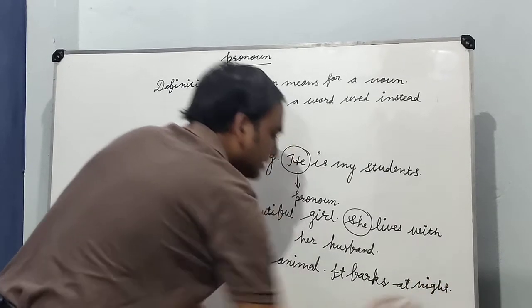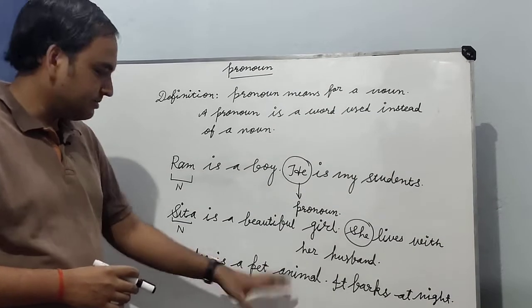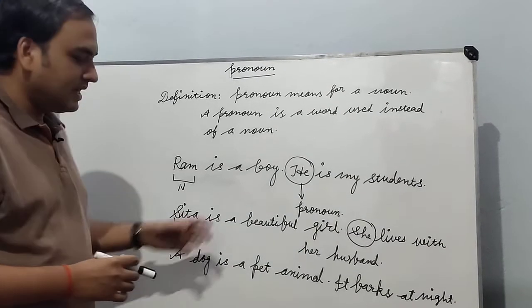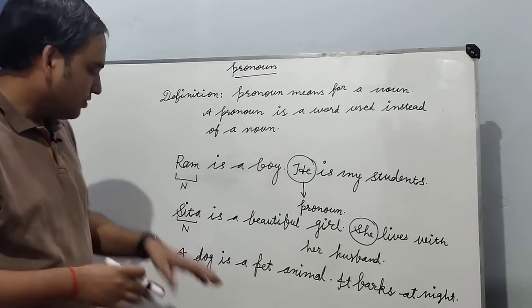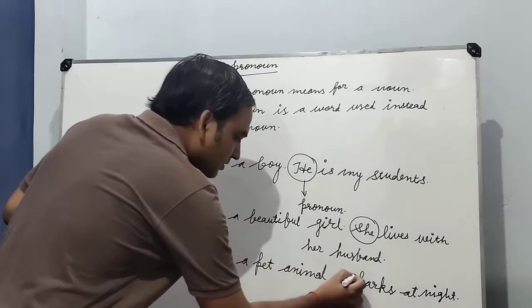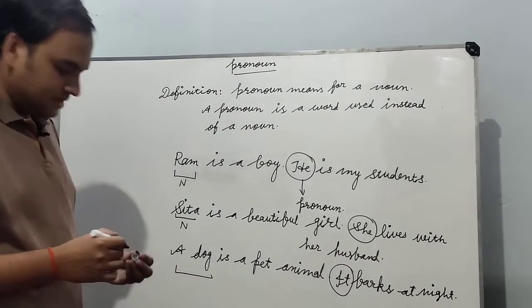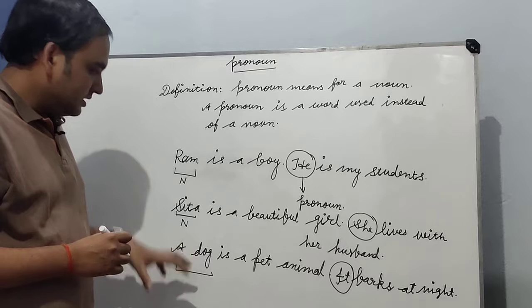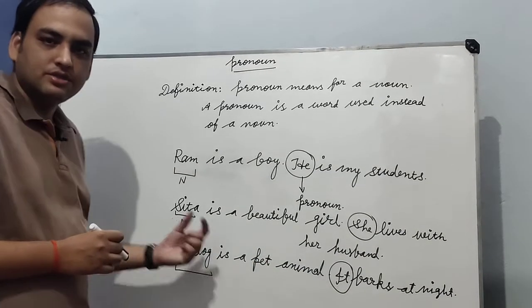It means that dog जो है वो पालतू जानवर है. Pet means पालतू, animal means जानवर. Dog is a pet animal. It barks at night. वो रात में भौंकता है. Okay, so we are using it to replace a dog. Dog is a noun and we are using it as a personal pronoun to replace dog.